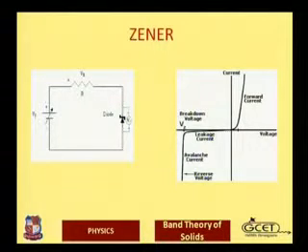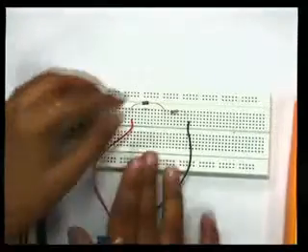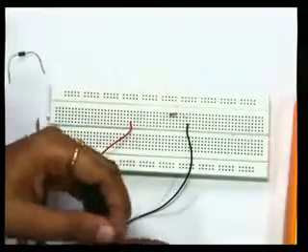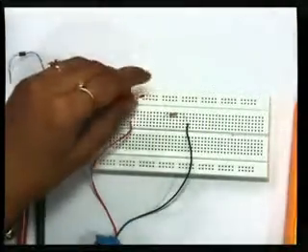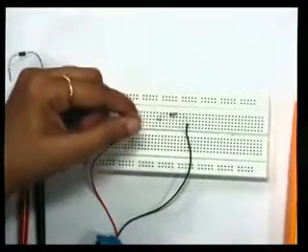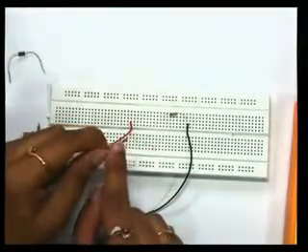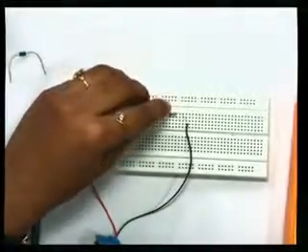One can see here we are joining the Zener diode in the reverse bias condition, because the forward bias condition of the Zener diode shows one and the same characteristics as the PN junction diode, and as we are joining it in reverse bias, one can have a closer look that the black side shows the cathode of the Zener diode, so we will join it with the positive of the battery.